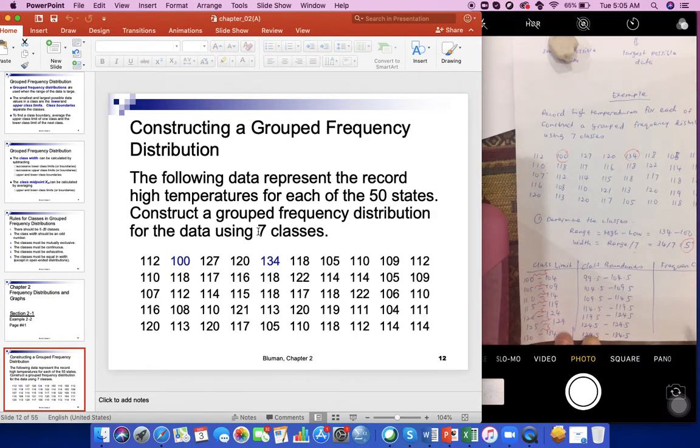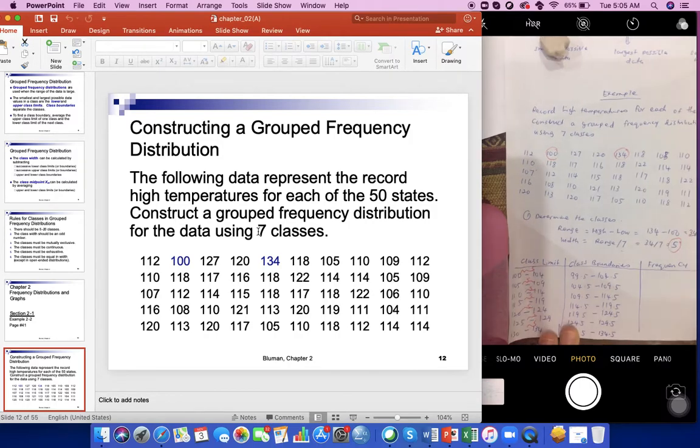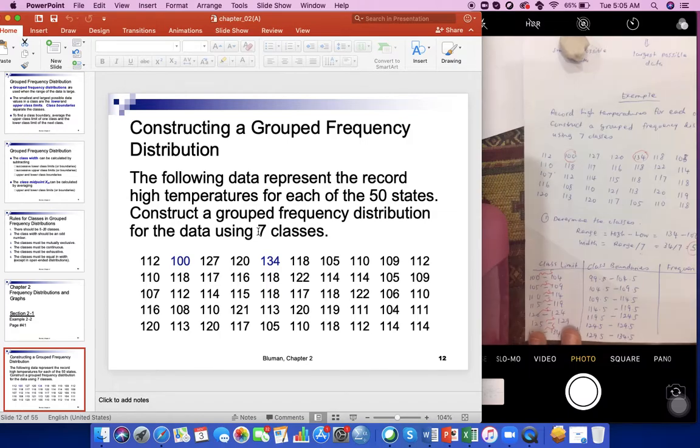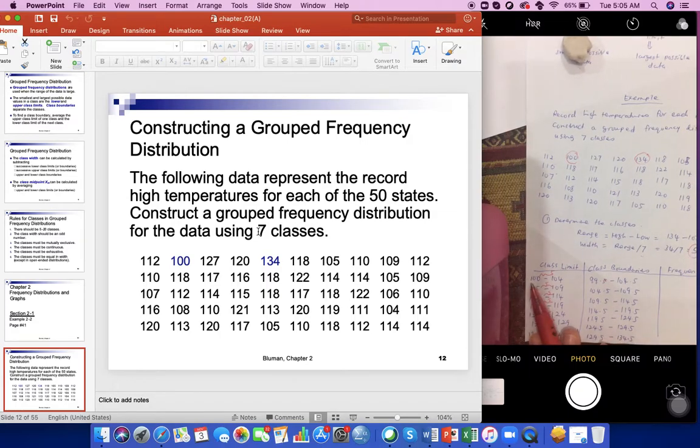Okay, after we get the class limits, you need to find the class boundaries. Look here, 100, so 99.5.